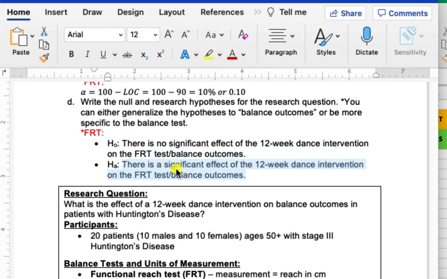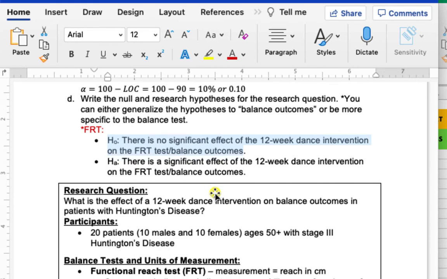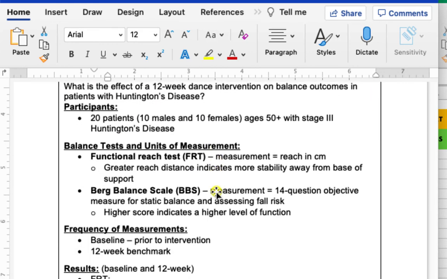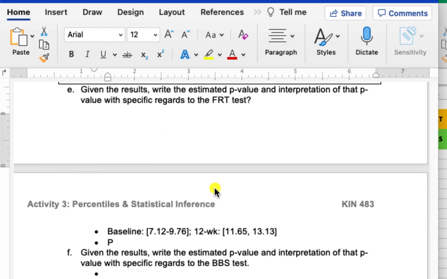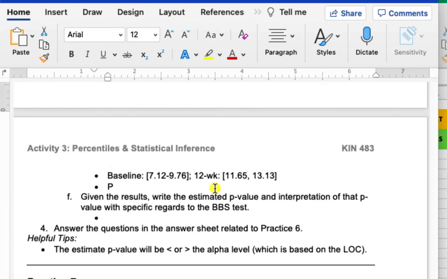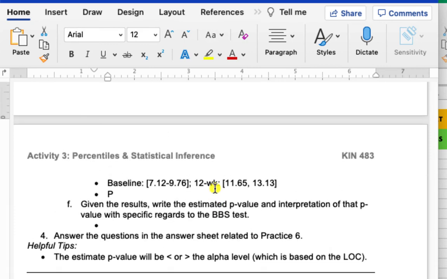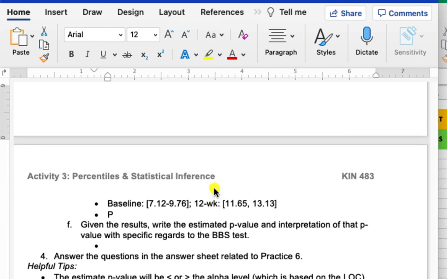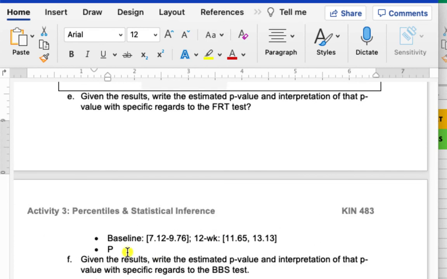Therefore, if we accept this, we're rejecting the null hypothesis, which is the one that actually gets statistically tested. Right? So if we reject the null, we had mentioned in class that P is usually less than the alpha level we have set. Okay, sorry for the delay on my screen. So P will be less than 0.10.